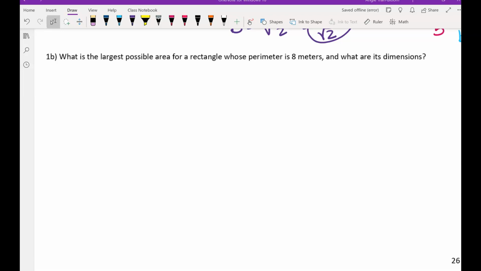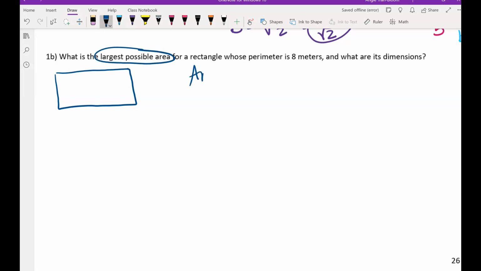All right, guys. So 1b says, what is the largest possible area for a rectangle whose perimeter is 8 meters, and what are its dimensions? And again, very similar to 1a, except now you just have a rectangle. So students, I am not going to solve this all the way for you. I will set you up. Largest possible area.